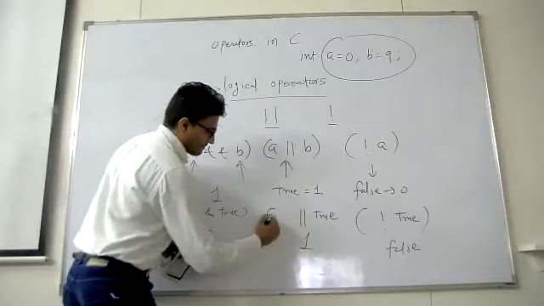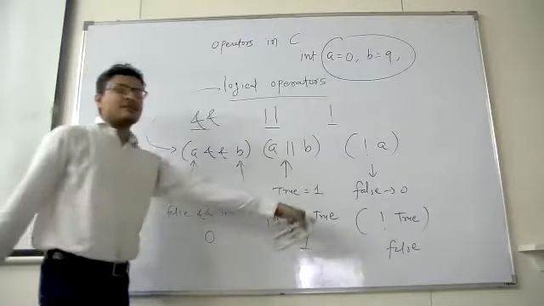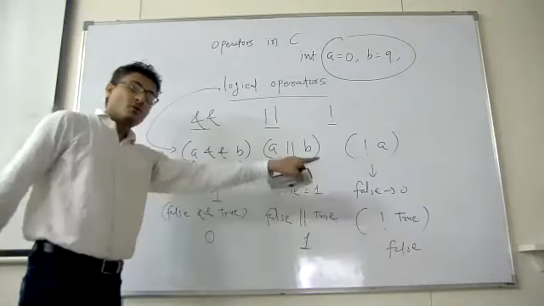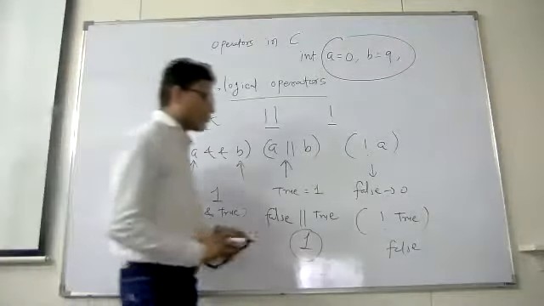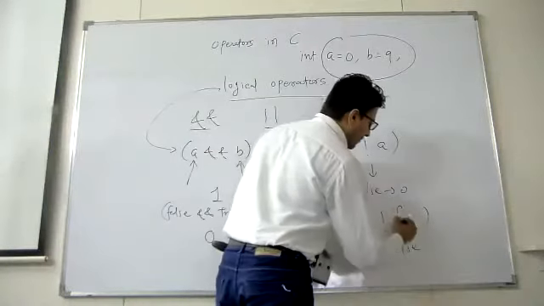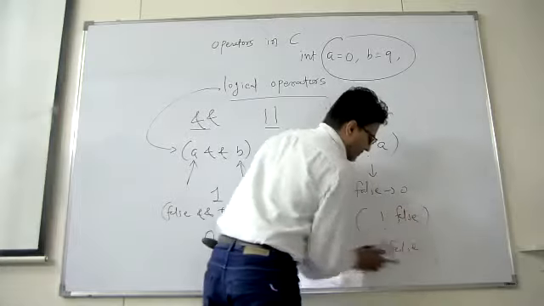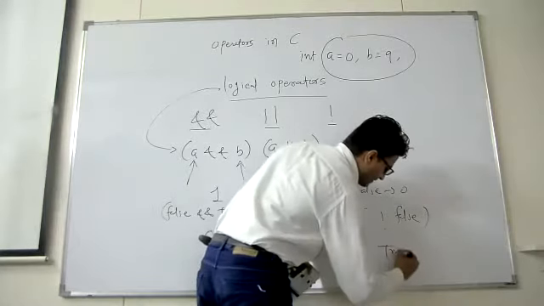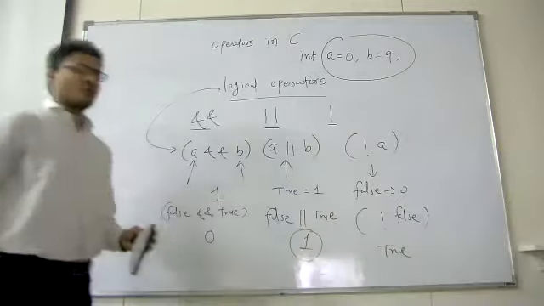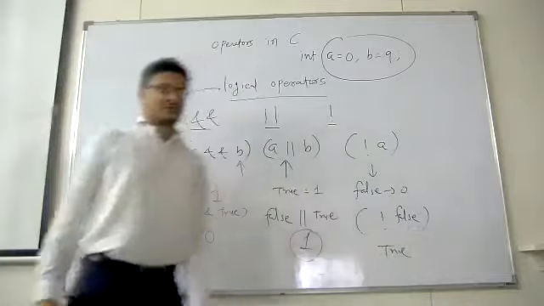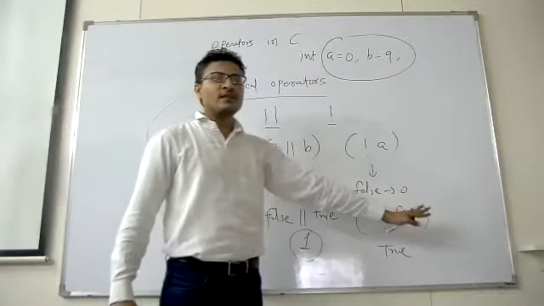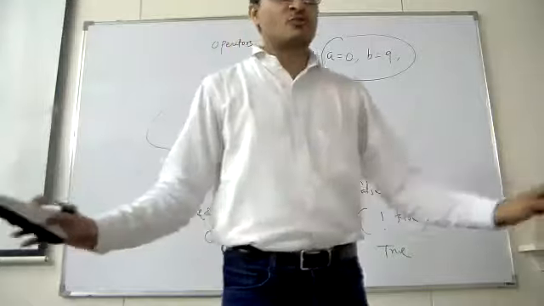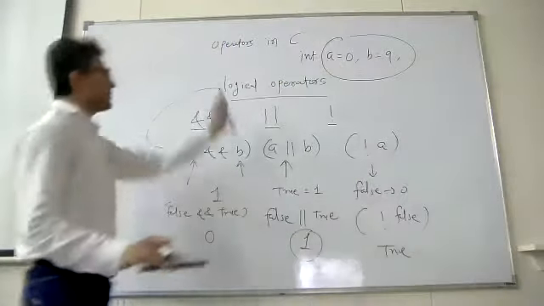Here false or true, so the answer would be 1. Here not a: false becomes true, so the answer would be 1, because a is false. A 0 value is false, and any non-zero value is true. That is simple logical operators.